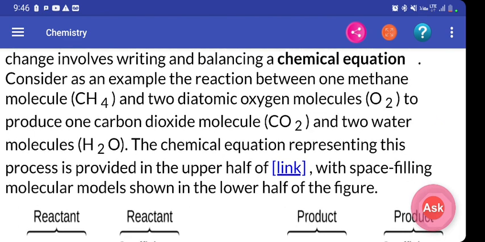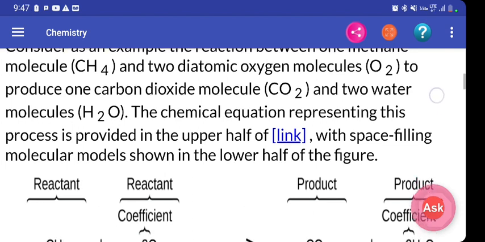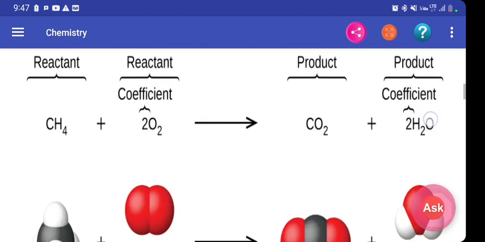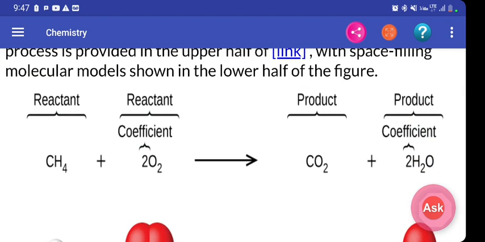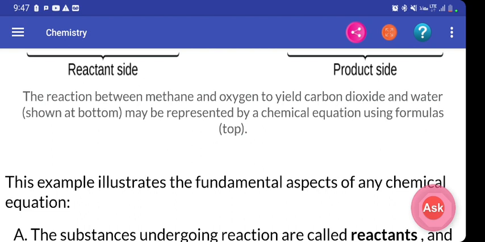The chemical equation representing this process is provided in the upper half of the figure, with space-filling molecular models shown in the lower half of the figure. Reactant coefficient, product coefficient. The reaction between methane and oxygen to yield carbon dioxide and water, shown at bottom, may be represented by the chemical equation using formulas.